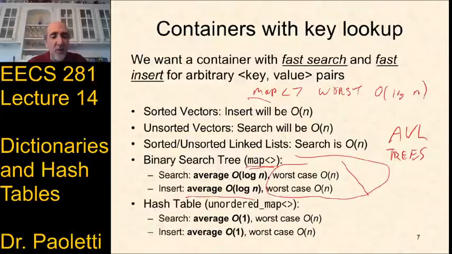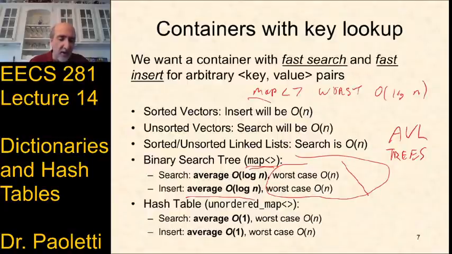The red-black tree is used by the STL because it's a little more efficient but it's harder to understand. It's much harder to prove that it will never be too stick-like. And so we're going to go with the one that's more reasonable in terms of teaching it and understanding it. So we're going to teach you AVL trees, but red-black trees accomplish the same thing in a slightly more complicated way.